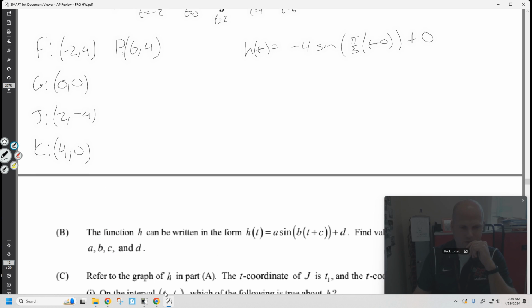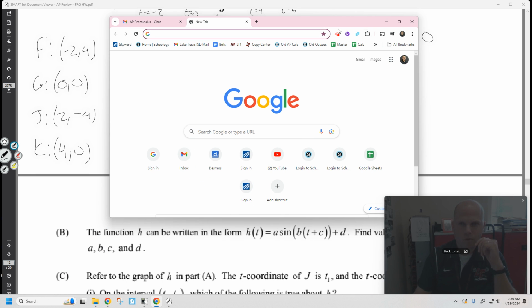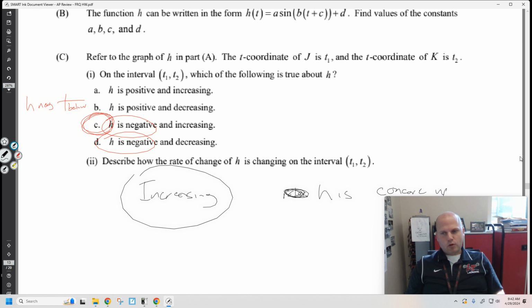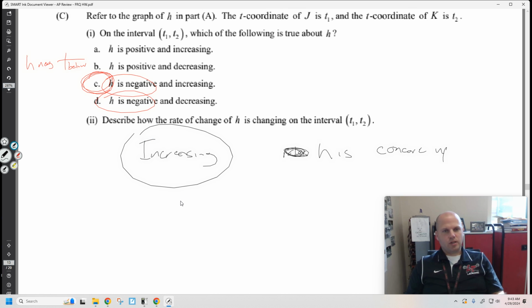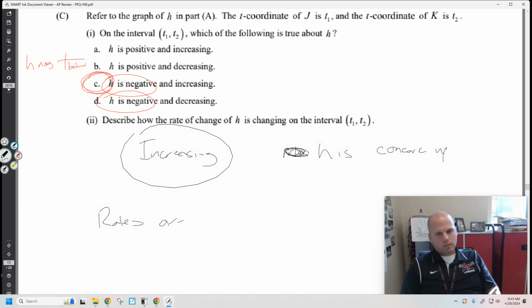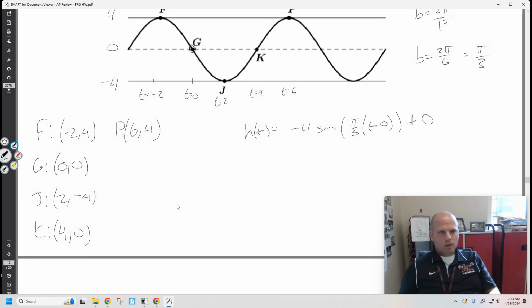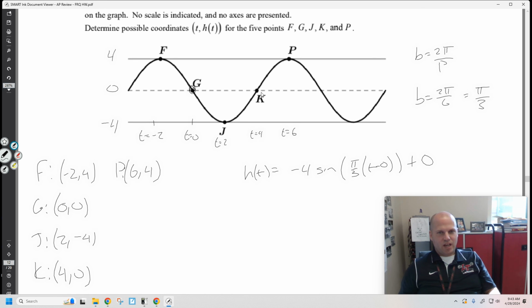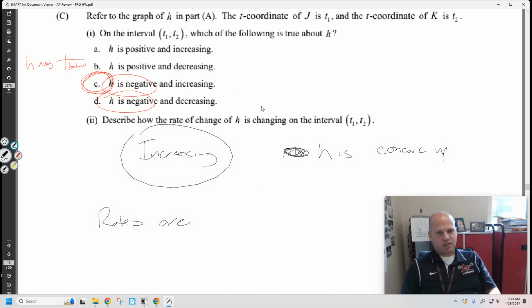Oh, I'm going to check on that. So I conferred with my colleagues. We're not exactly sure. I think it's just increasing. But I guess to be safe, between J and K, you could say the rates are positive and increasing.